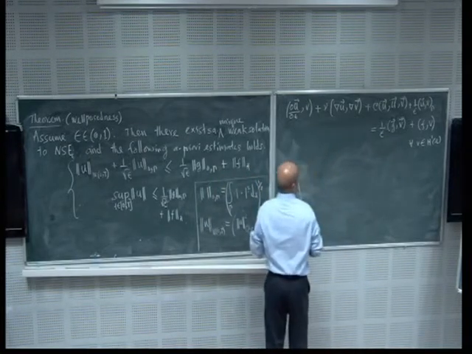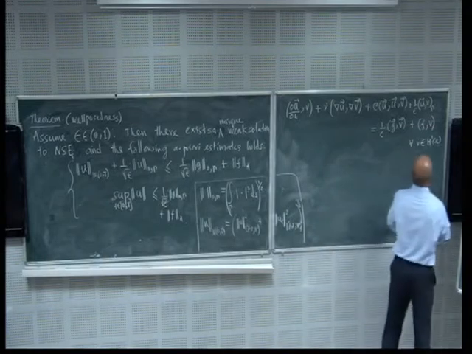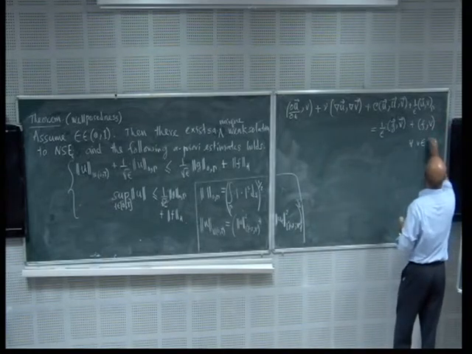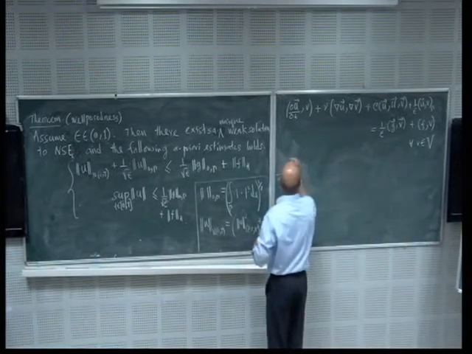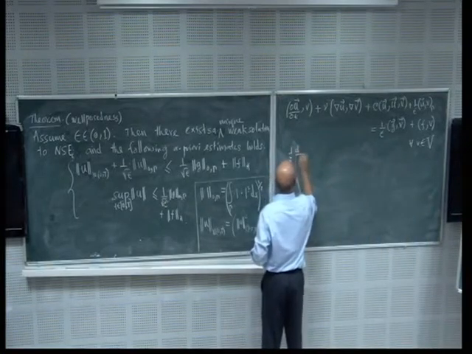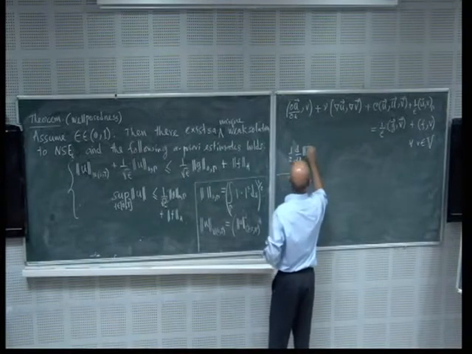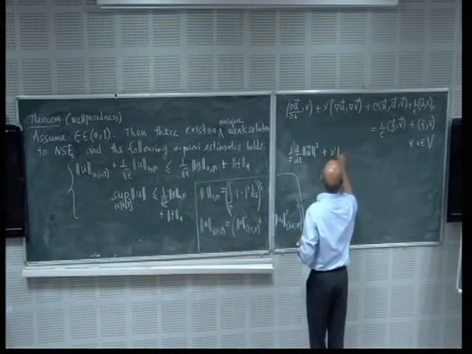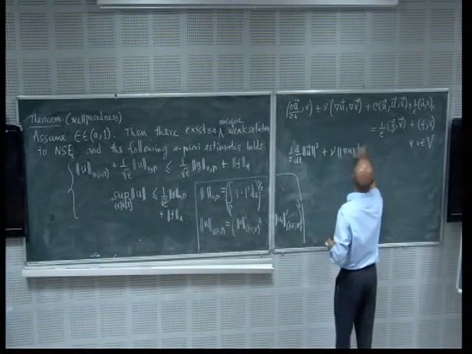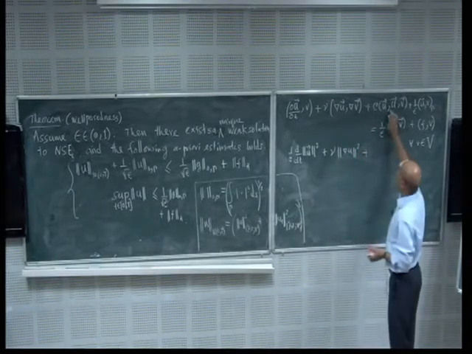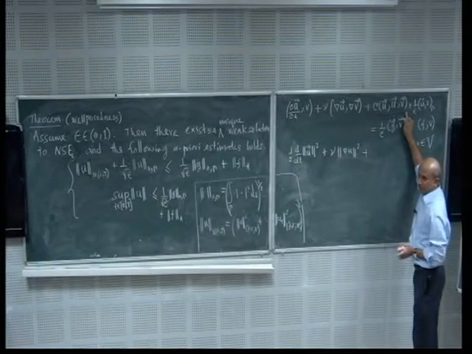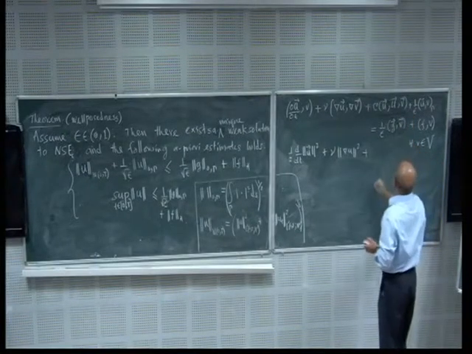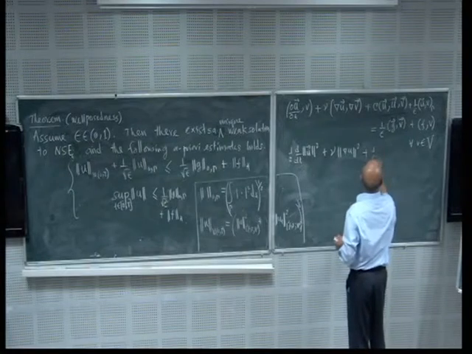So we get 1/2. And now when I set v equals u, this trilinear form is skew-symmetric, so this is going to be 0. So I get 1 over epsilon.